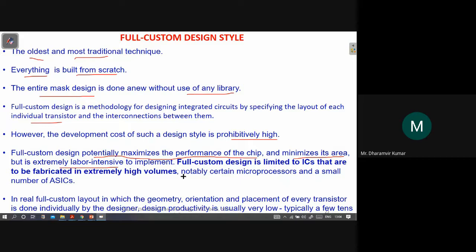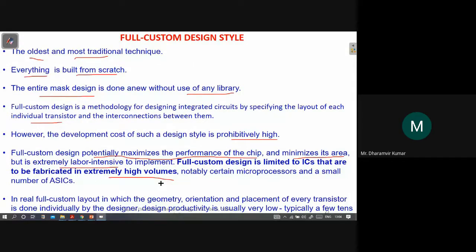The full custom design is limited to ICs that are to be fabricated in extremely high volumes. Obviously it is not advisable to adopt full custom design style for those ICs which are to be produced in a small quantity, because that will be a total loss.